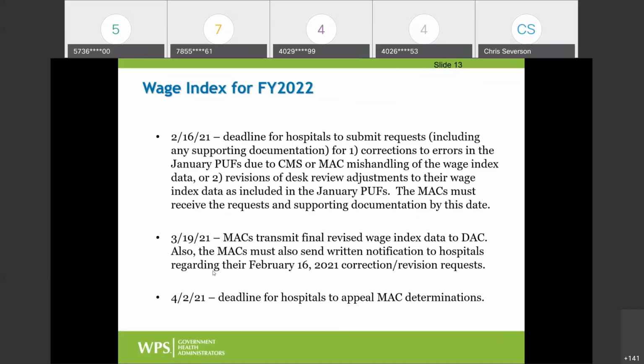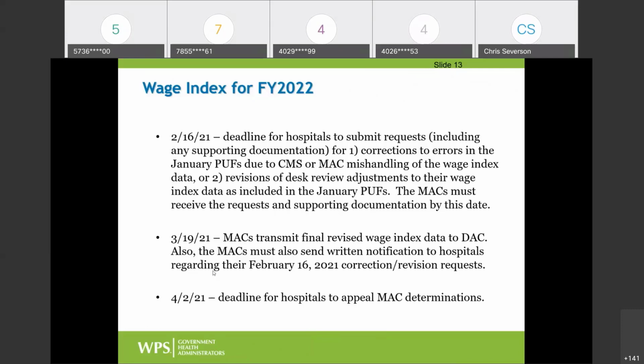That's your deadline for providers, for hospitals, to submit their requests for any sort of correction. Maybe they believe it was mishandled either by the MAC or CMS or just anything like that. So that is a due date, and MACs must receive the requests as well as the supporting documentation. We need to see, why do you think there's an error? So we need to see that data.